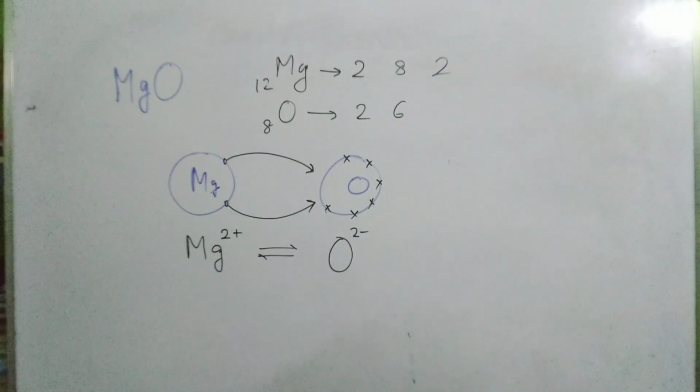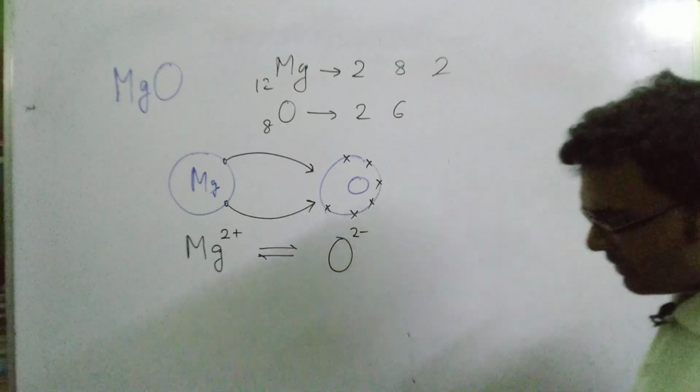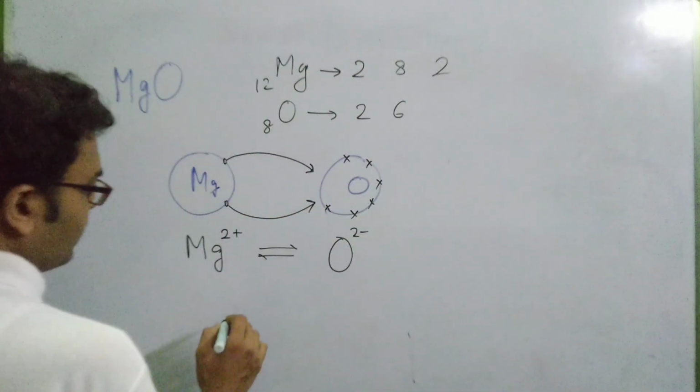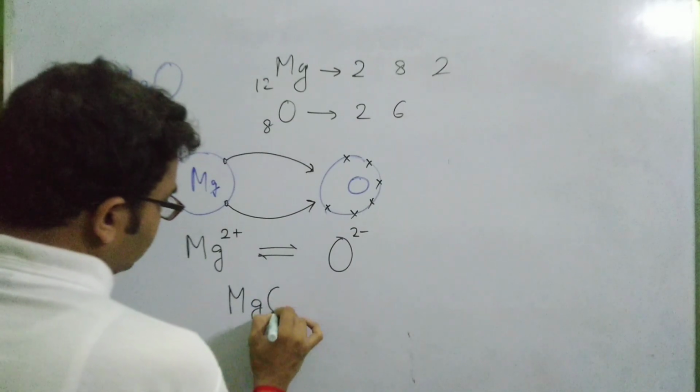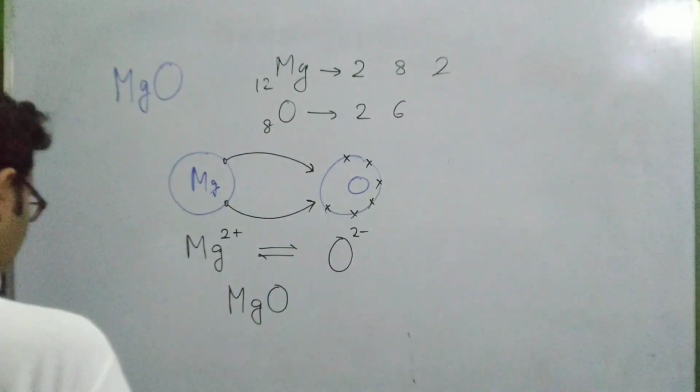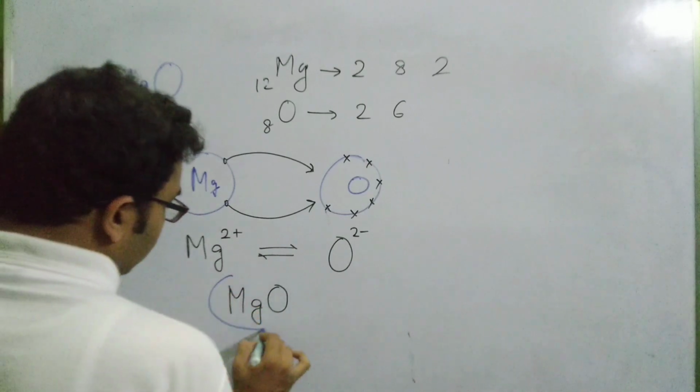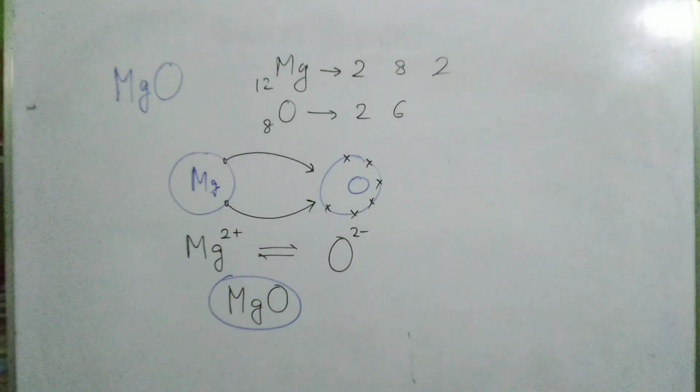So definitely these ions will attract each other, and as a result of this electrostatic force of attraction, the magnesium and oxygen combine to form a molecule of magnesium oxide. So this is how molecules of compounds like magnesium oxide are formed.